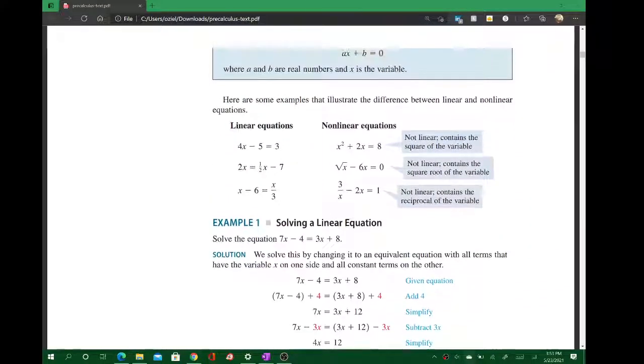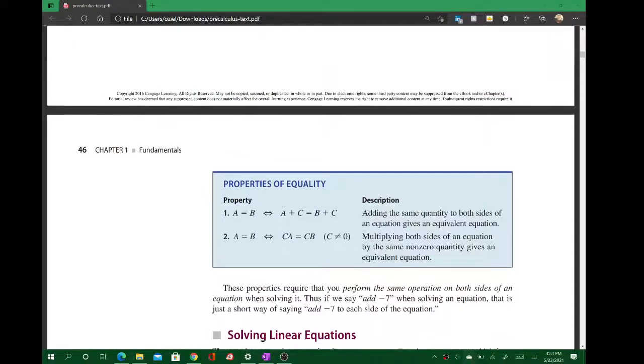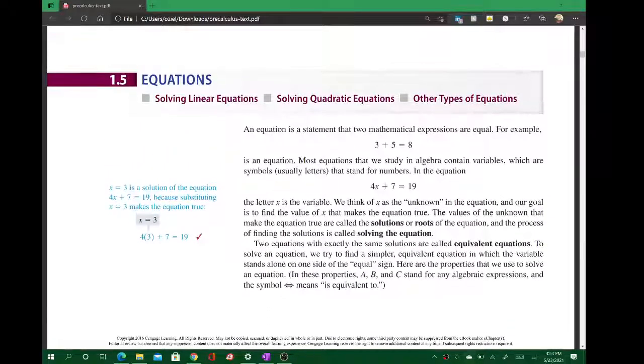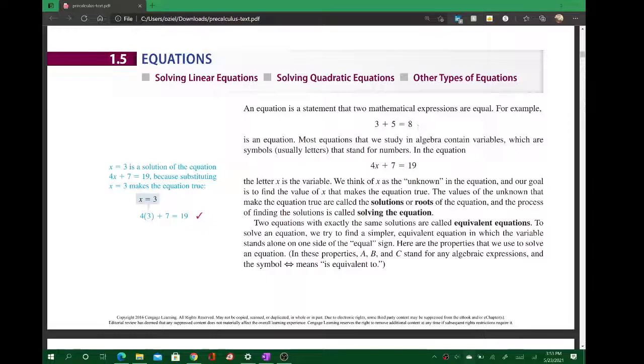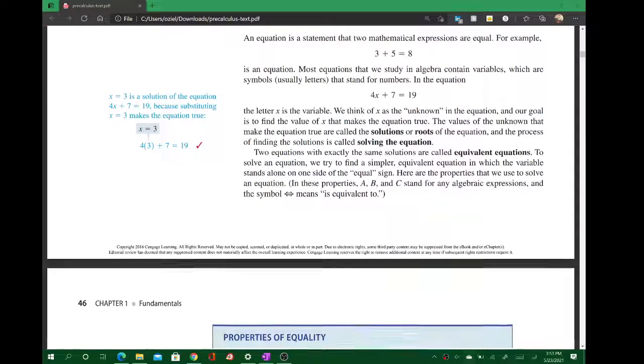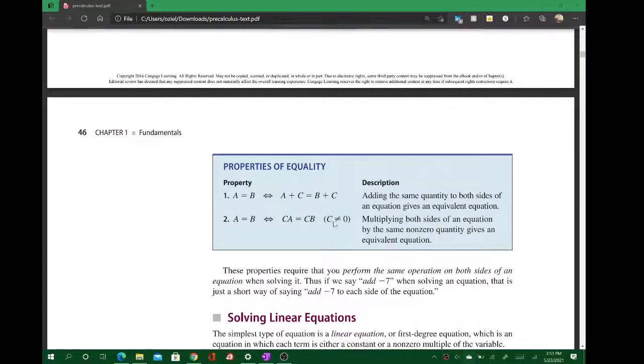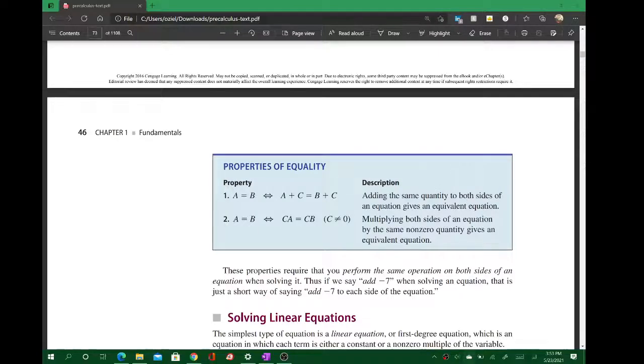So basically, they reteach you, and in precalculus you go over again what each of these means. The property: if A equals B, then A plus C equals B plus C, right?